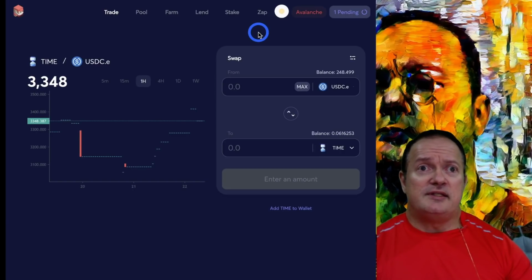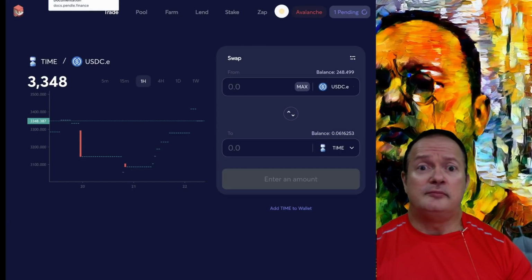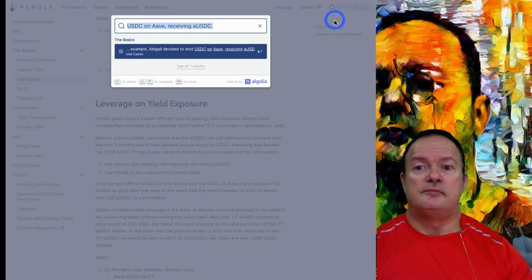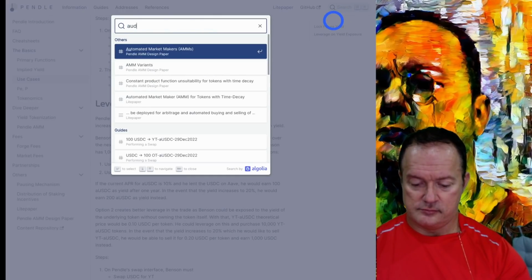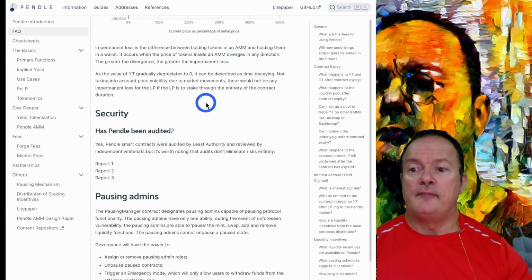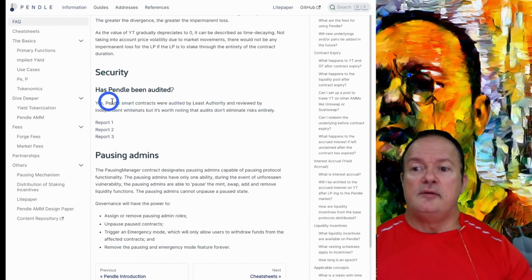What are the risks? I mean, this has been audited, I believe. While we're waiting, we can check. Has Pendle been audited? Yes. Pendle smart contracts were audited by Least Authority and reviewed by independent white hats.